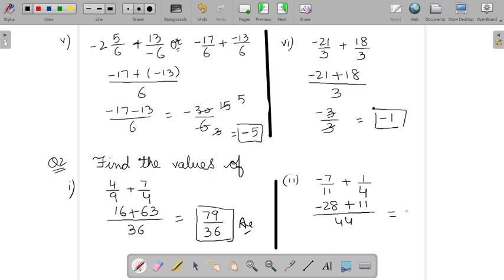Now solve it, so it would be minus 28 plus 11, so it would be minus 17 upon 44. If possible, if you can cancel it, then cancel it further, otherwise this would be the final answer.